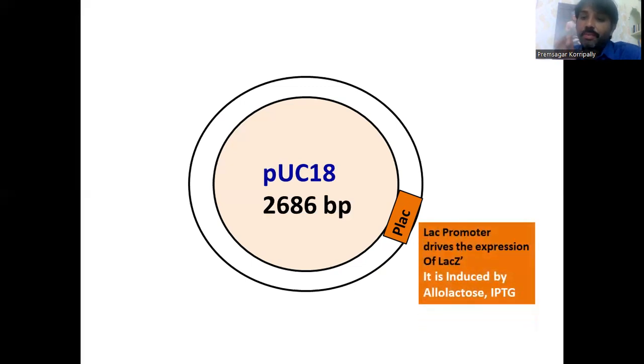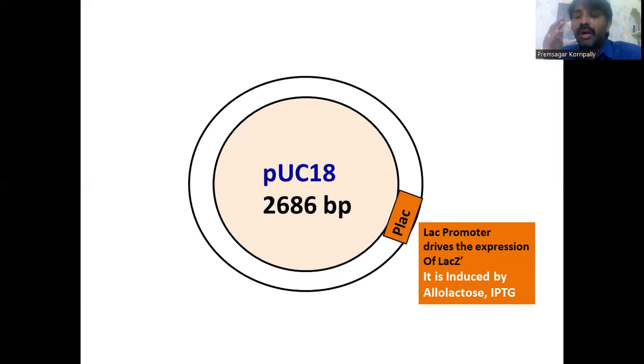And here the PLAC promoter is going to be induced by allolactose, which is nothing but IPTG. That's an inducer. It will bind to the repressor of the lac operon and allow the binding of RNA polymerase to the PLAC and drive the transcription.